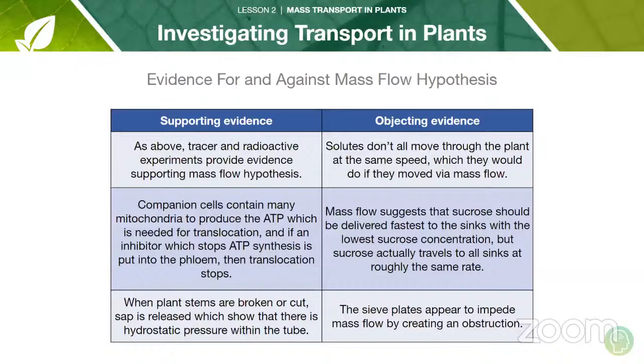There seems to be something else ensuring that it gets to all sinks equally. And sieve plates, by their very design, impede mass flow by creating an obstruction. So you've got all of these different examples of how mass flow is obstructed.